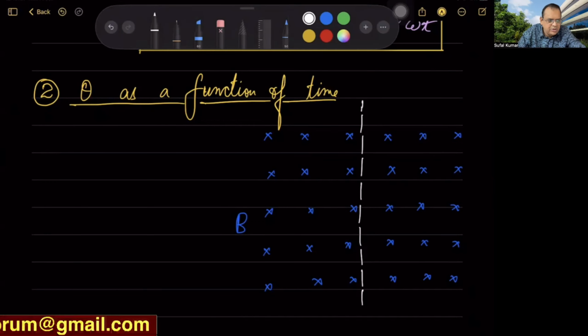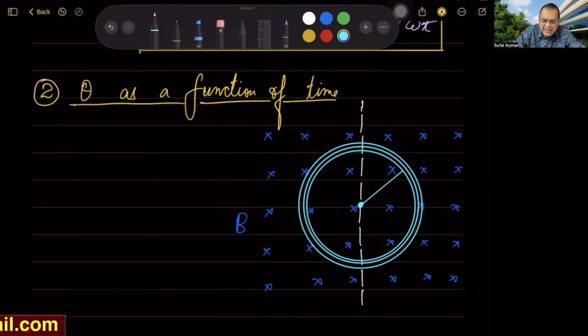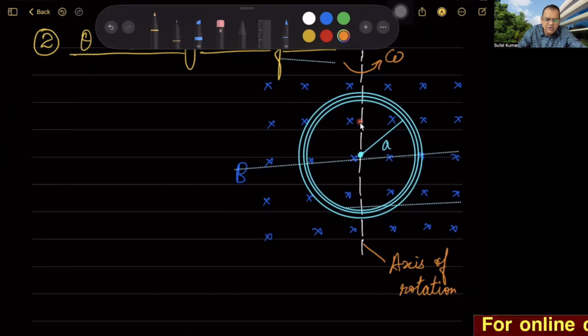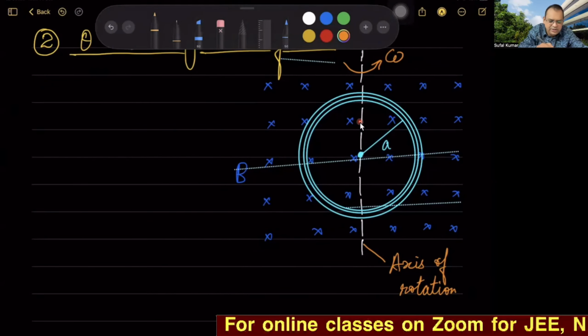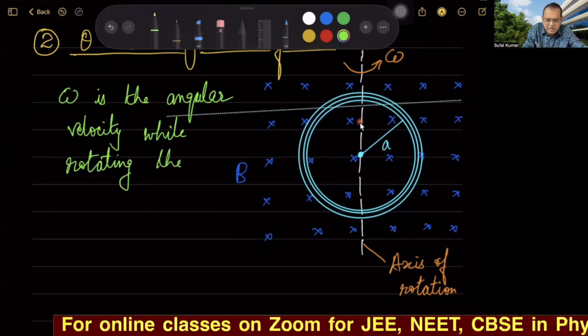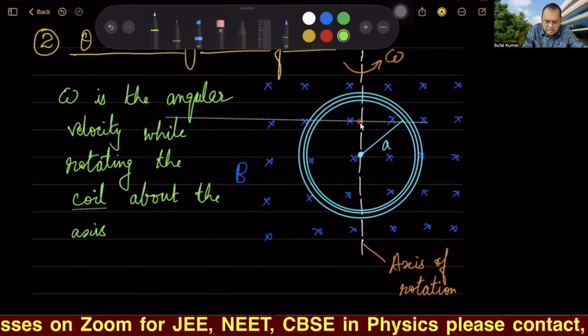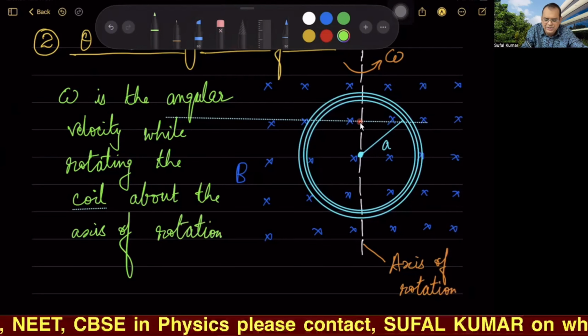Now B is into the plane. Now the circular coil, this is a, the radius, and omega is the angular velocity about this axis of rotation. You must have understood the situation. Omega is the angular velocity rotating the coil about the axis of rotation.